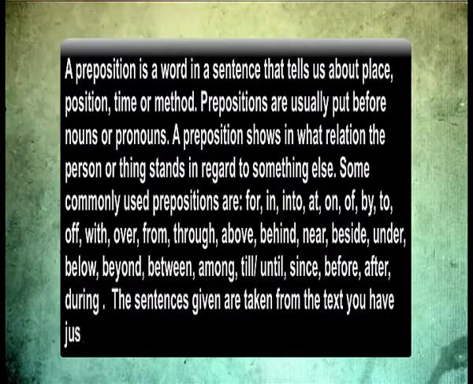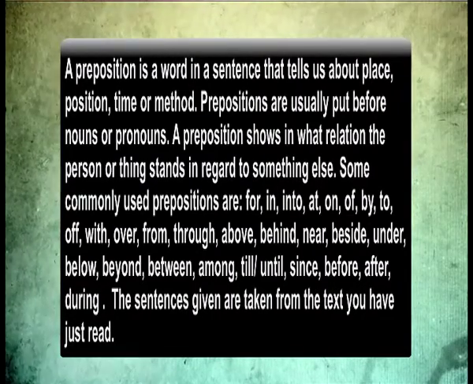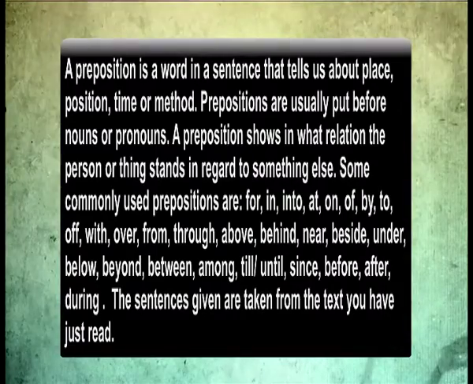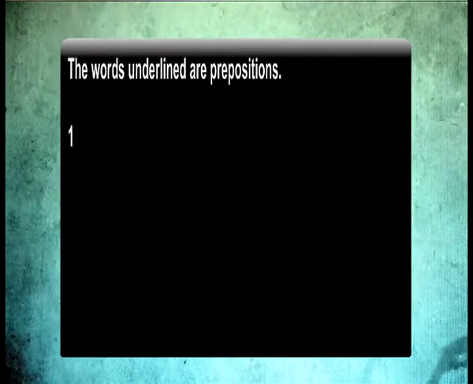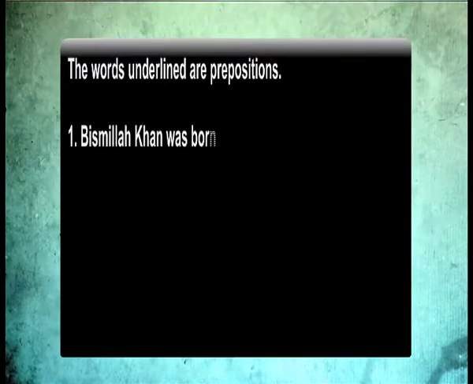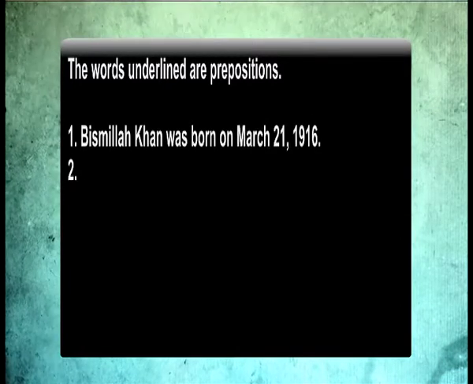The sentences given over here, which I'll tell you, are from the text you have just read. Listen to me carefully. You may read also. The words which are underlined are prepositions. Number 1, Bismillah Khan was born on March 21st, 1916. On.